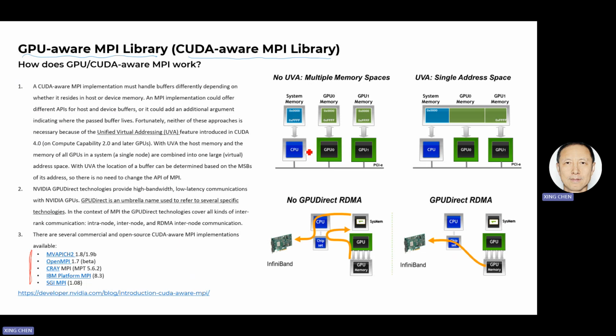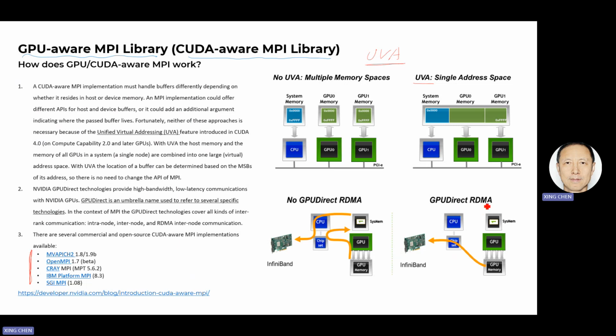There are some features which make the implementation of this kind of CUDA aware, GPU aware MPI library easier. These features include UVA, which means universal virtual addressing. These features supported by the GPUs are very helpful for the implementation of GPU-aware MPI libraries.